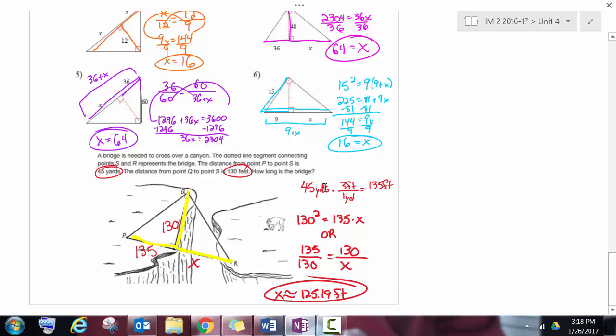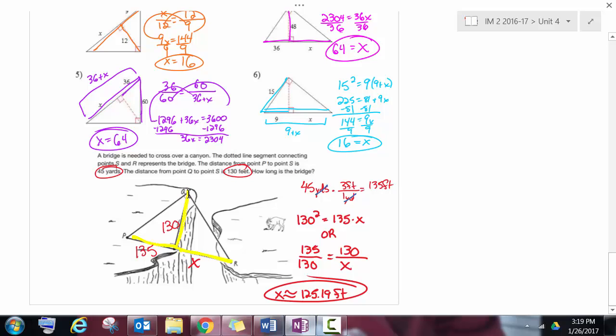But 45 yards, we multiply by the conversion rate. 45 yards times 3 feet over 1 yard, because 1 yard is 3 feet. And when we do that, the yards cancel out and our units are feet, and that's what we want. So 45 times 3 is 135. So 45 yards is 135 feet, so I'm just labeling now. This is 135, this is 130.